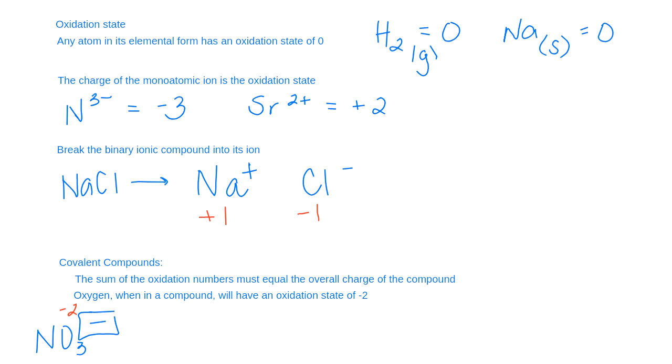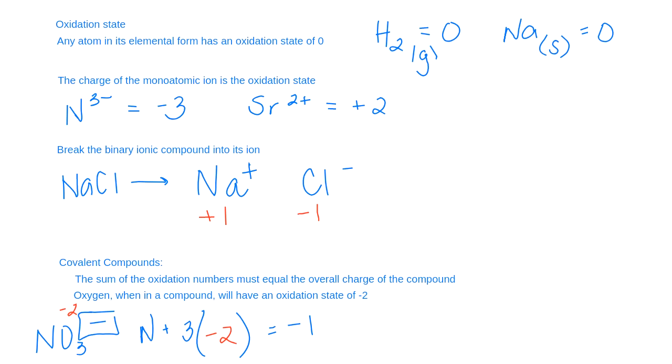So we need for our nitrogen plus our 3 oxygens, each oxygen having a -2 oxidation number, to equal -1.